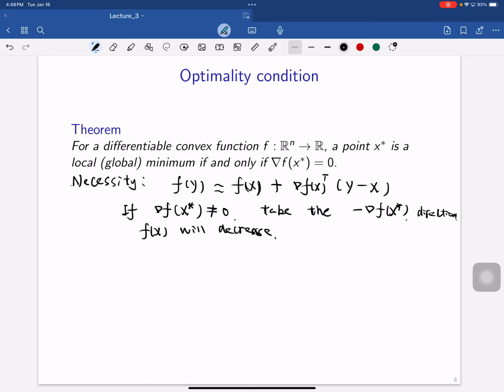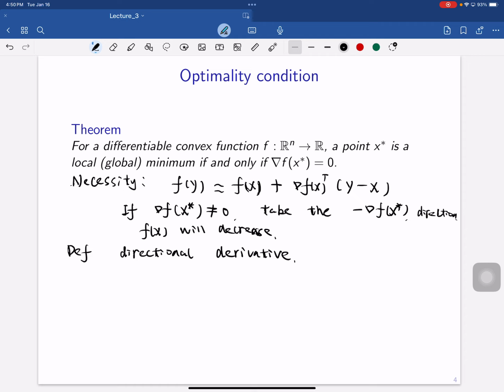Maybe just to refresh your memory, what is the directional derivative? The reason you want a directional derivative in high dimension is because in one dimension the derivative is just the derivative with respect to one variable.